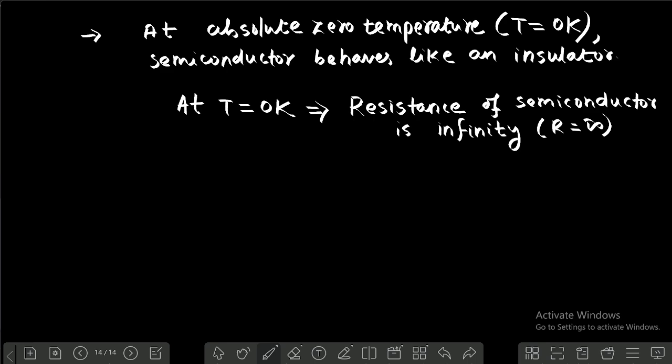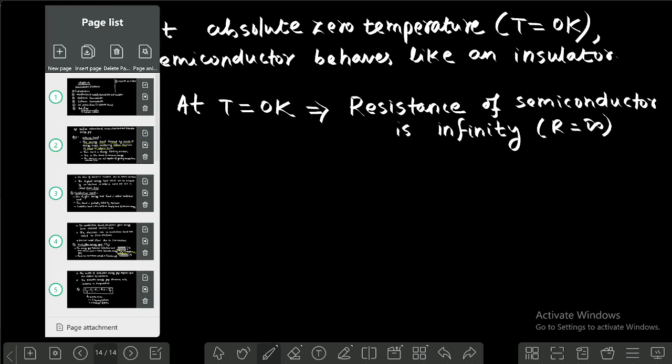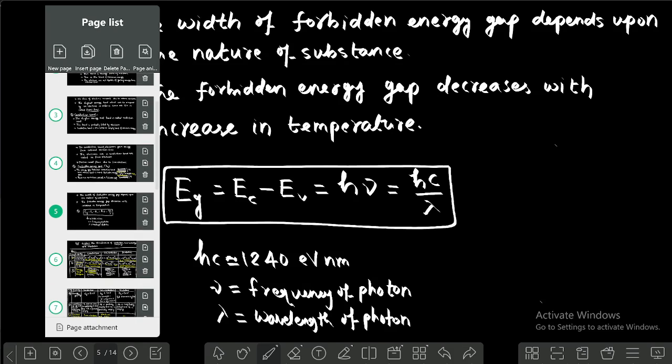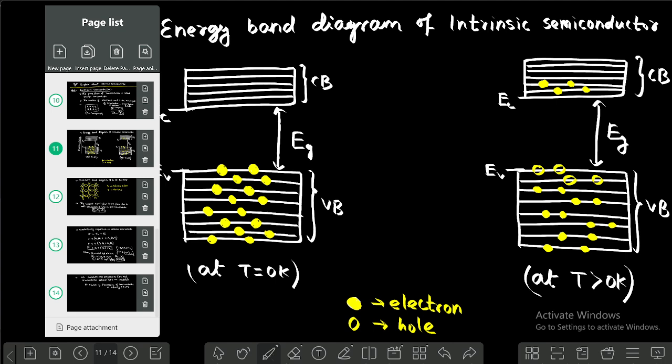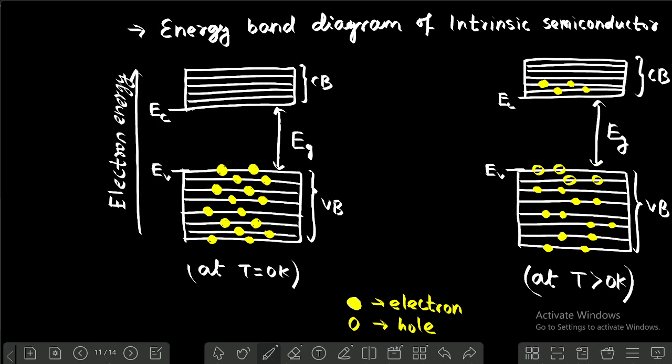Okay. So this much idea you remember about intrinsic semiconductor. Clear? All of you got the point? And this energy level diagram will be the most important part. You remember that: T equal to 0 Kelvin, T greater than 0 Kelvin, how the energy band diagram is represented in this intrinsic semiconductor.